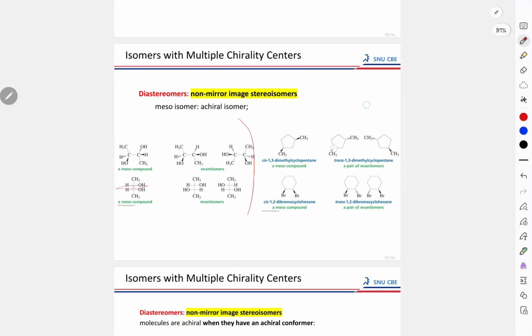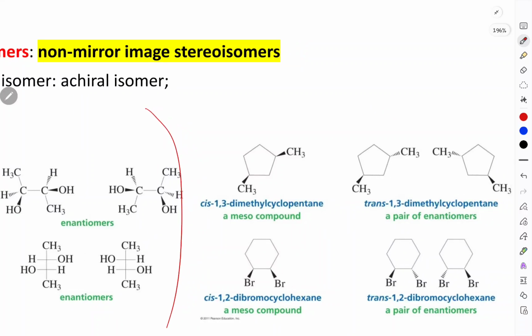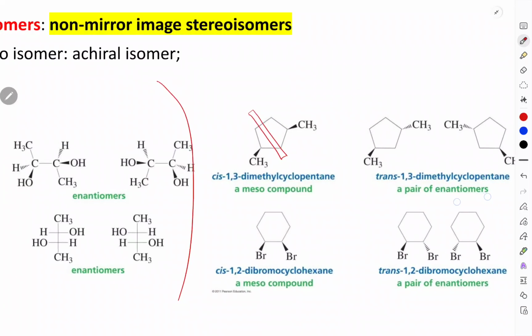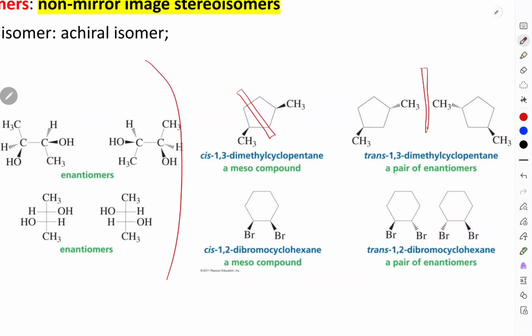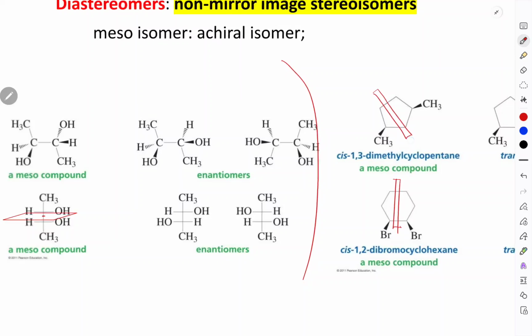So these will eventually be mirror images to each other as a molecule, not inside. So this is a pair of enantiomers to each other, and this one is the same. There's no internal plane of symmetry. Rather, the molecule itself is a mirror to each other. So this is why it's a pair of enantiomers, right?